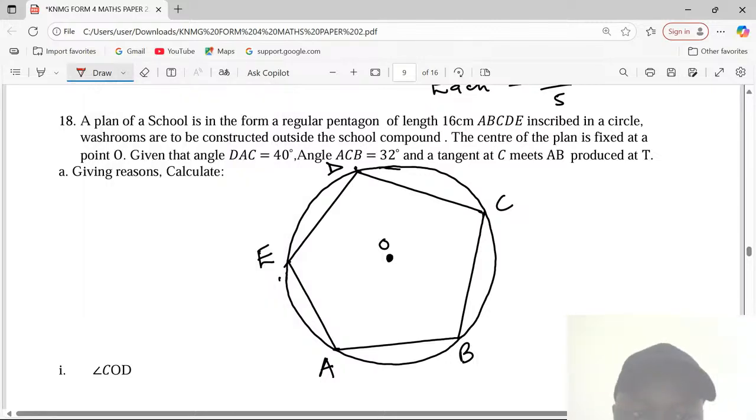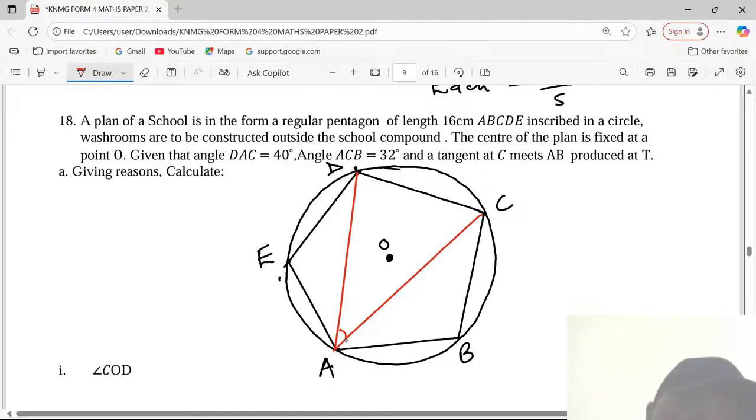We are told that the angle DAC equals 40. So we produce an angle DAC. This one is 40 degrees.